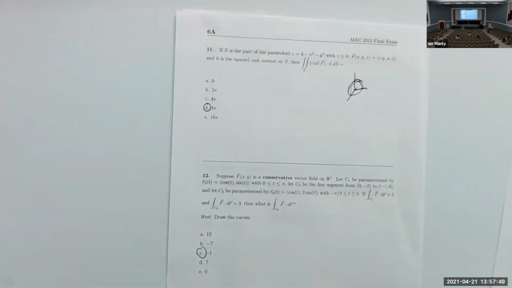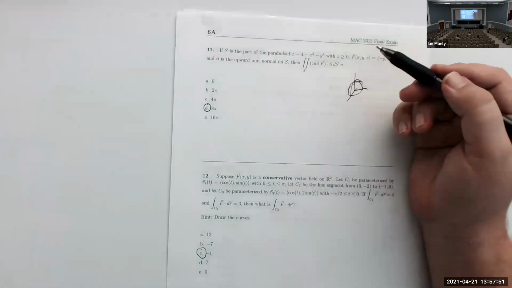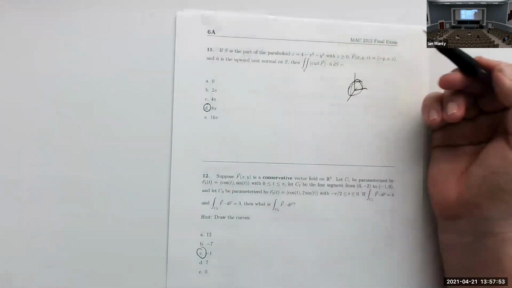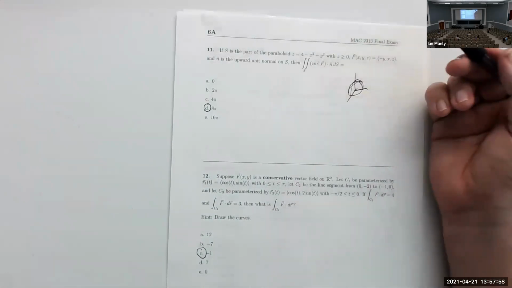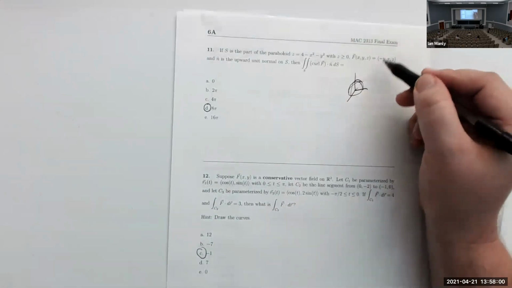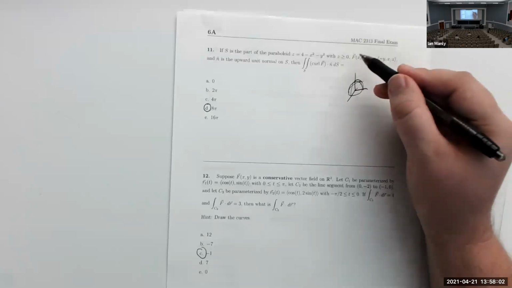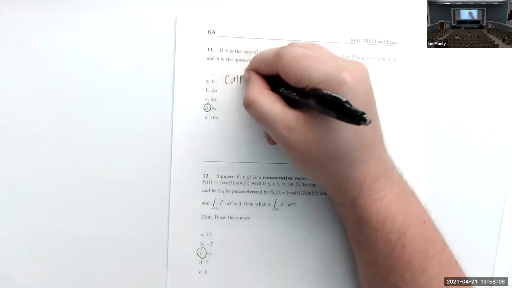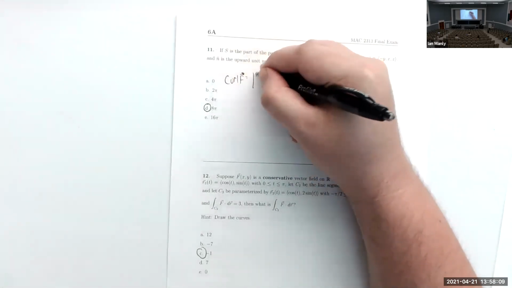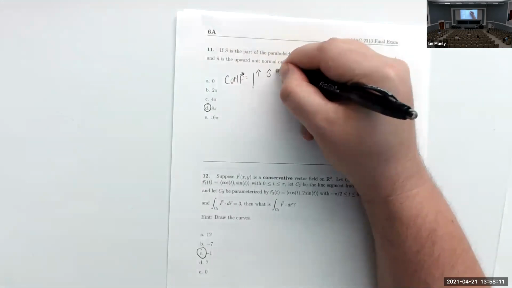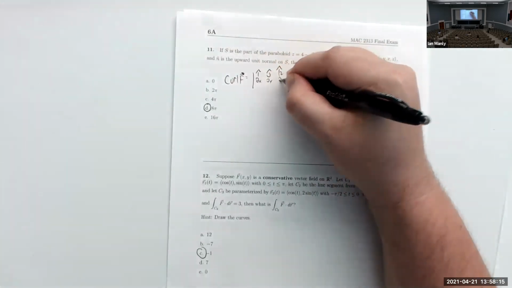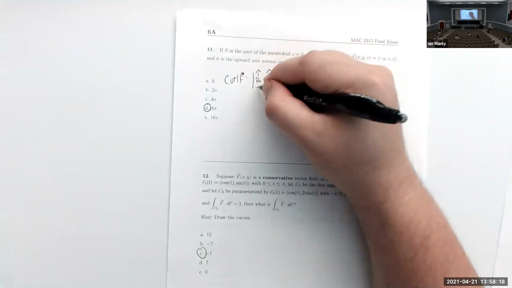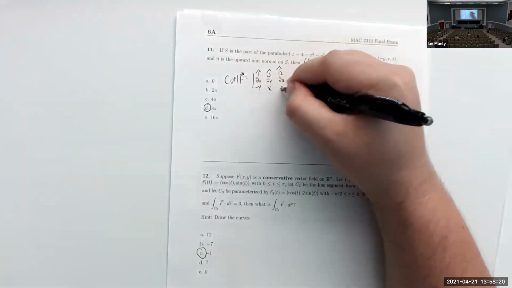All right, so let's go ahead and actually do this here. We can't use the divergence theorem for this, so I guess we'll just do this the old-fashioned, straightforward way. The first thing we need to do is compute the curl of our vector field. So the curl of F, we have i, j, and k, our x derivative, our y derivative, and our z derivative, and then we have negative y, x, z.